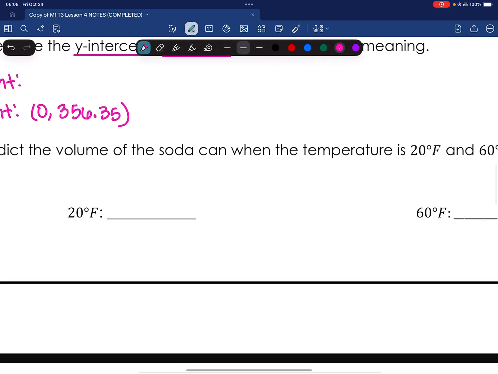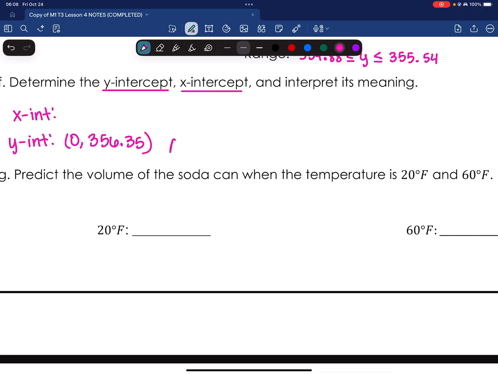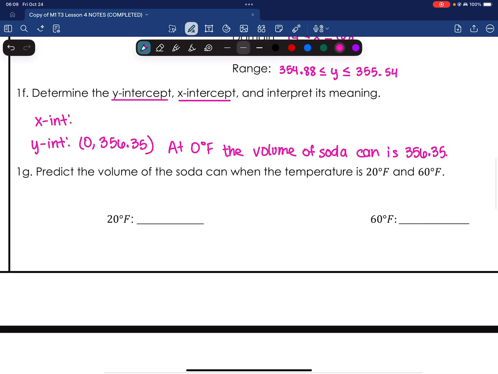So, what this says in the context of this problem is at 0 degrees Fahrenheit, the volume of the soda can is 356.35. Okay, now, let's add in our units. So this would be centimeters cubed.